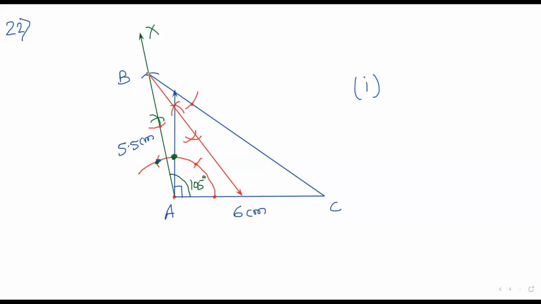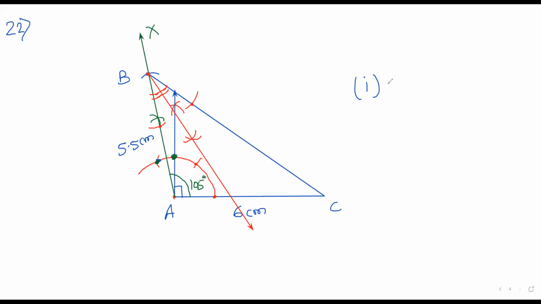Join it and extend it. This is the locus. And remember to mark them with 2 arcs like this. Yes or no? Is this clear? Yes. Very nice.